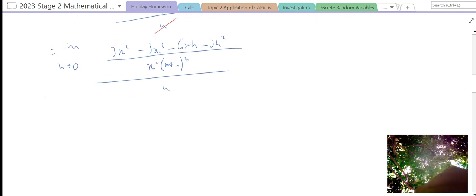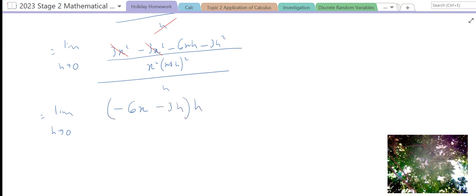So common terms, or like terms, they can go. Excellent. So if they go, I have lim h approaches 0, and then I have minus 6x, and I'm actually not going to write the h for a second, minus 3h. I'm going to factor out h.